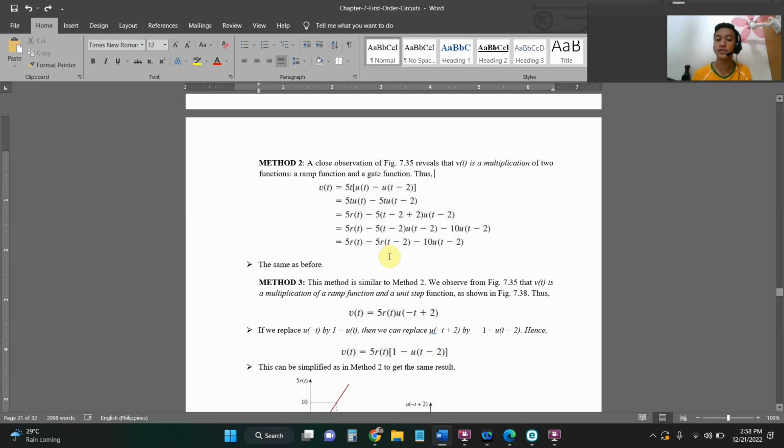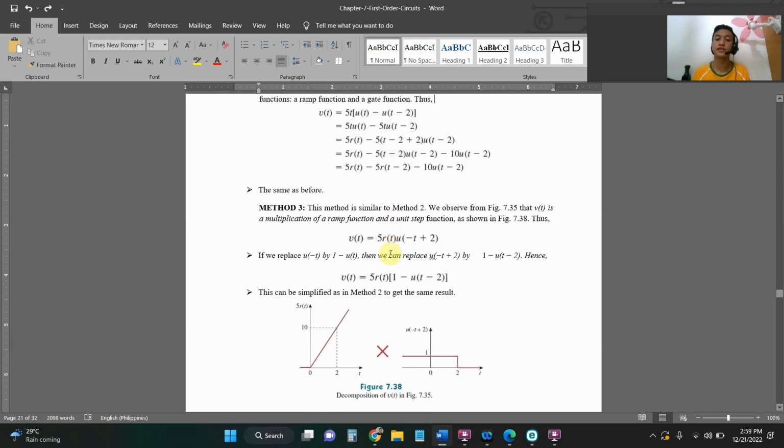If you replace u(-t) by 1 minus u(t), then we can replace u(-t+2) by 1 minus u(t-2). Hence we get the resulting equation of 5r(t) multiplied by [1 - u(t-2)]. This can be simplified as in method 2 to get the same result.